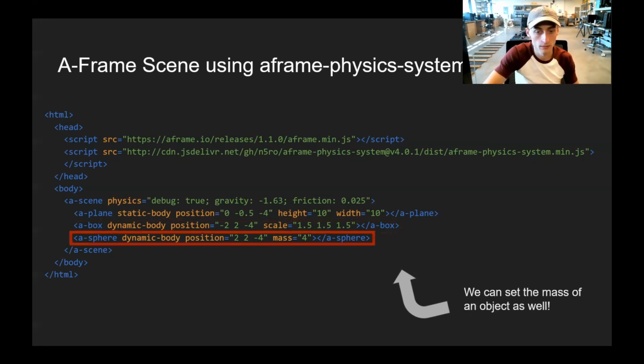The second object I added was another dynamic body, a sphere. In this example, I set the mass to 4. I think by default the mass is usually 1. I set it to 4 just to show that you can change the mass of an object. But yeah, that's about it.